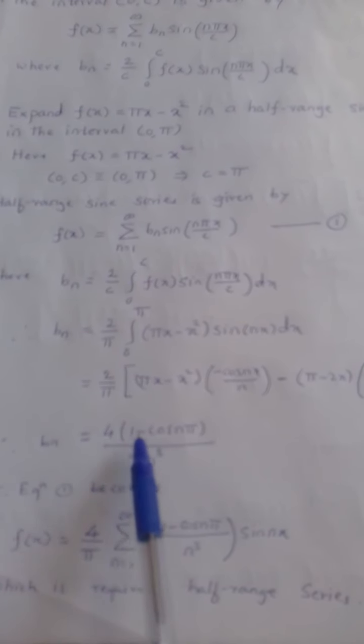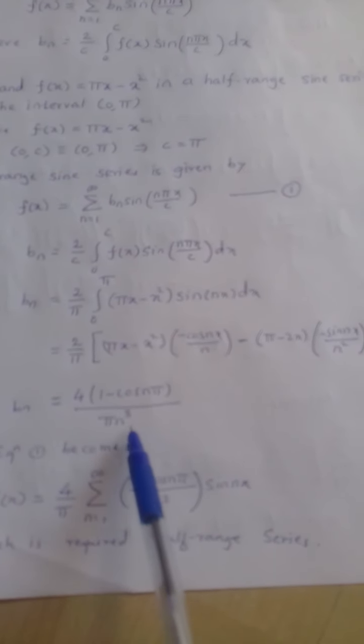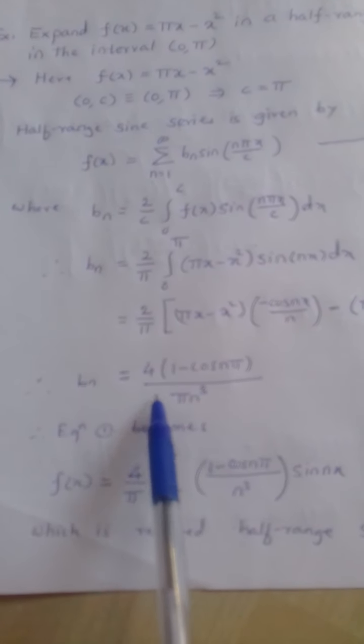Now after substituting the upper limit and lower limit, you will get b n equals 4 into bracket 1 minus cos of n pi upon pi n cube. Okay, now this is the value of b n.